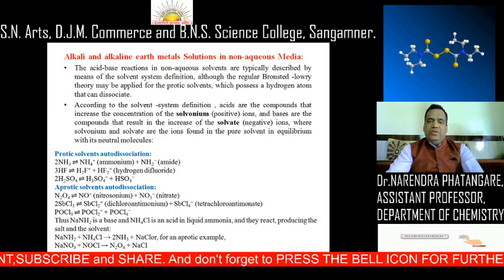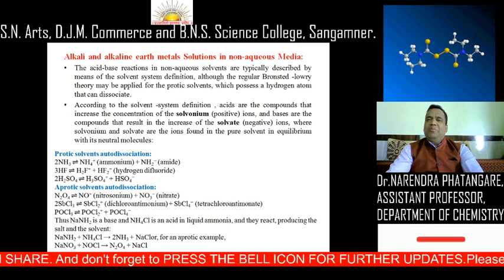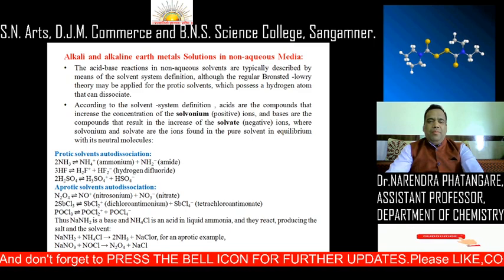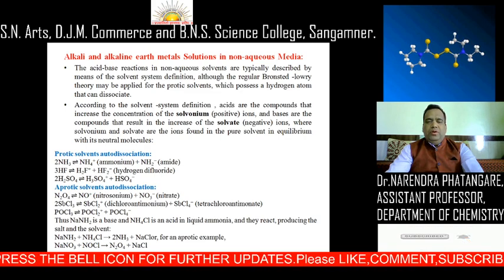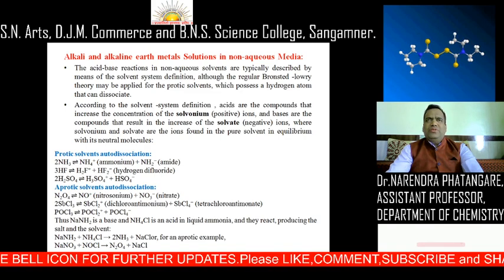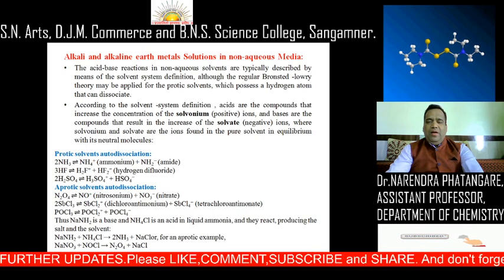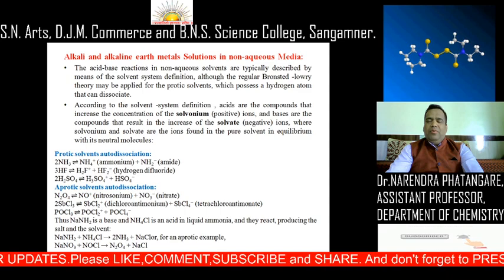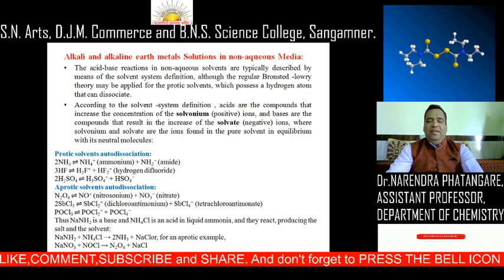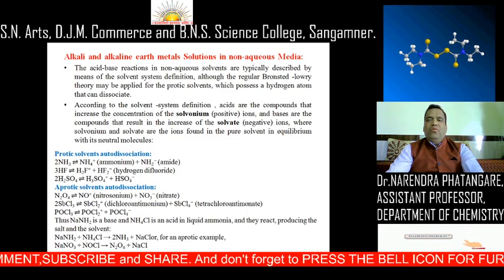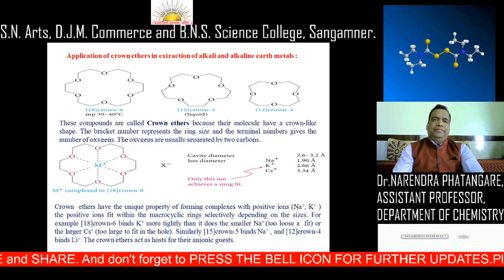Thus, NaNH2 is a base and NH4Cl is an acid in liquid ammonia, and they react, producing the salt and the solvent: NaNH2 plus NH4Cl gives 2 molecules of NH3 plus NaCl. For aprotic examples, NaNO3 plus NOCl gives N2O4, the synthetic method of N2O4, plus NaCl.